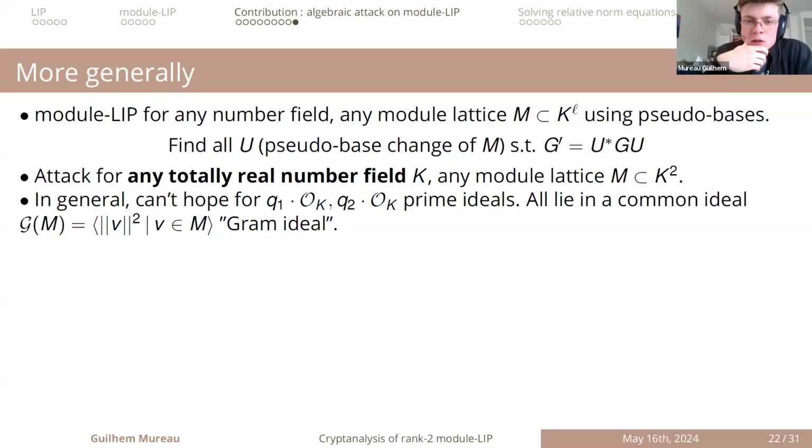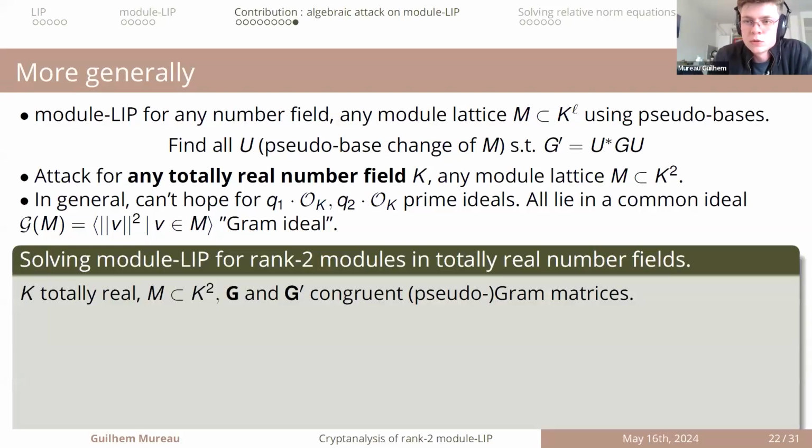This is because these elements are norms of vectors of your module lattice. So in particular, they all lie in a common ideal, which is the ideal generated by the norm of the vectors of your module. And if this ideal is not trivial, in general, you don't have any chance to get prime ideals during the randomization.